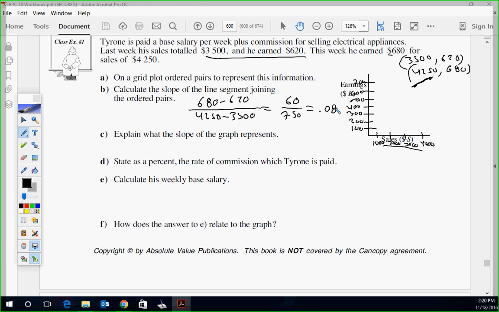You're really close. That's his commission. 0.08 is 8%. So he gets 8% commission on what he sells. That's his growth, because he gets commission on what he sells.